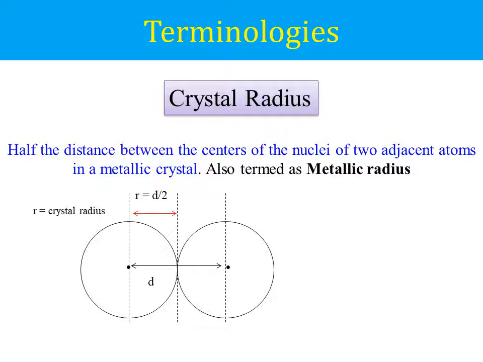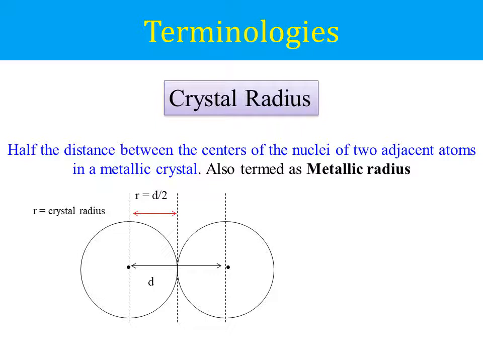The distance between the two nuclei is measured, and the measured distance is then divided into two equal halves, which gives the distance from any of the nuclei up to the valence shell. So where the valence shell lies can be identified based on this crystal radius.